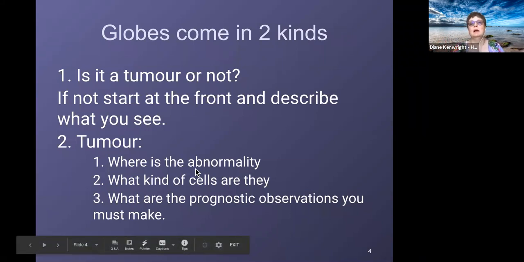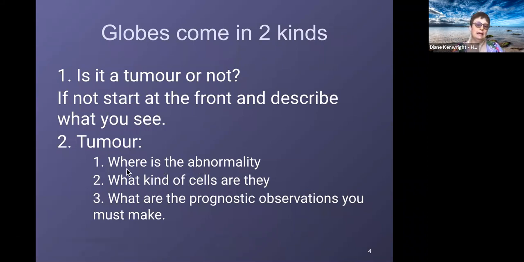If it's a tumor, then the first thing we usually write in section B is where is the abnormality. The slide contains a tumor arising from the retina in the posterior part of the eye. The slide contains a tumor at the ciliary body, right? Where is the abnormality?